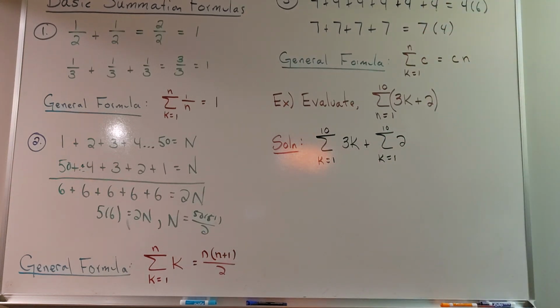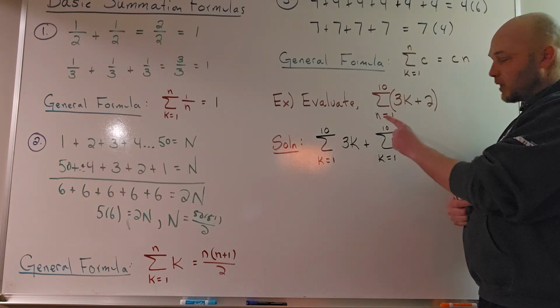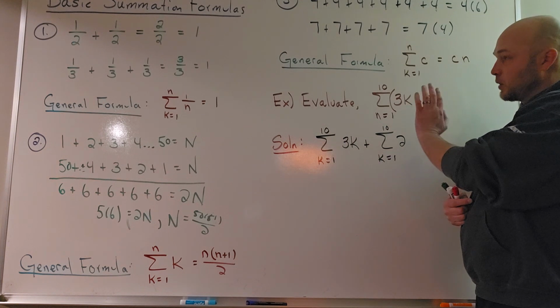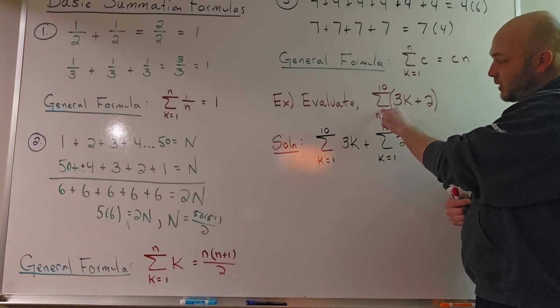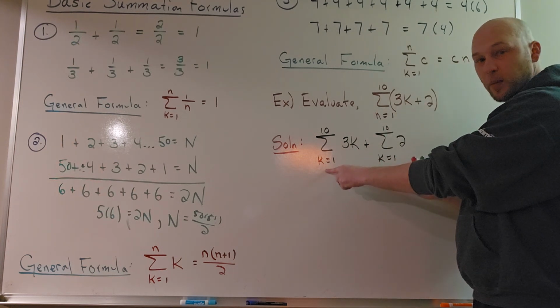Okay. It always sounds confusing when you hear it for the first time. So let me read this again. This is a summation and this is a sum. So maybe let me use the word summation as opposed to sum. The summation of the sum is the sum of the summations.